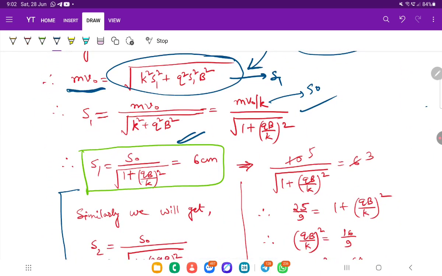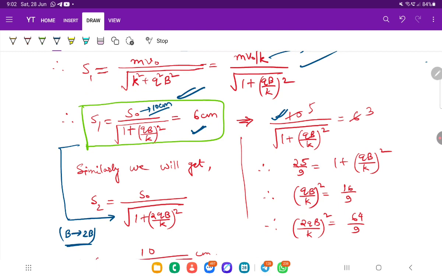So S1 is S0 upon root of 1 plus (qB by k) square, and this is 6 centimeter as given, and S0 was also given as 10 centimeter. We'll try to calculate the qB by k term, because for S2, which I have assumed for the case when the magnetic field is 2B, everything will be the same as this calculation, only the magnetic field has been doubled.